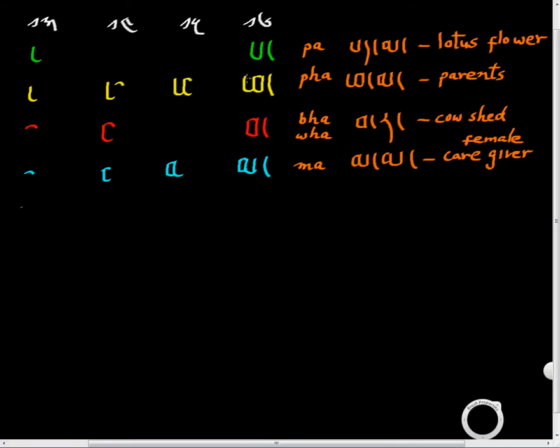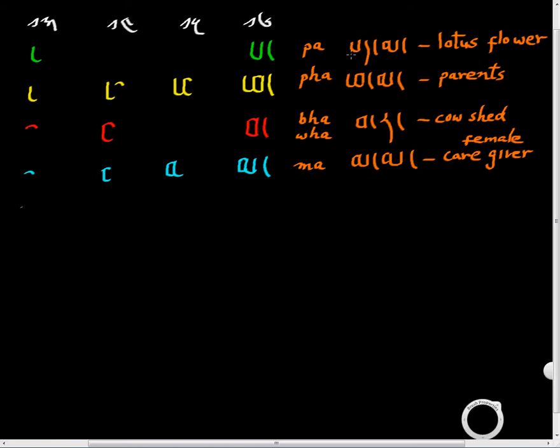Pa, pa, pa, ma. And then the examples are pa, ta, be, ma, be, ma. As you can see, there is no tsakdung here in between pa and ta, so this is a single syllable.